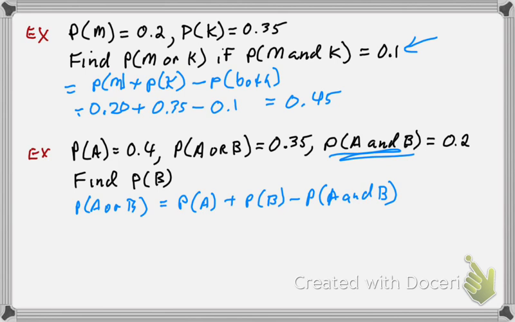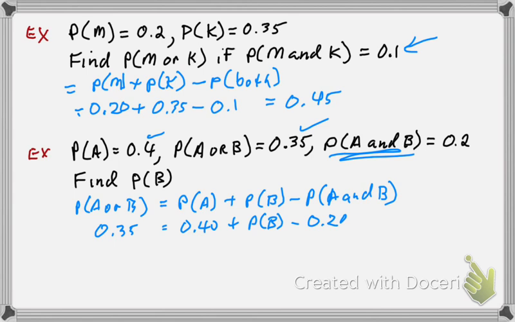So let's fill in what we know. A or B we know is 0.035. So that just got that one. Probability of A is 0.4. Probability of B we're looking for, minus probability of both.